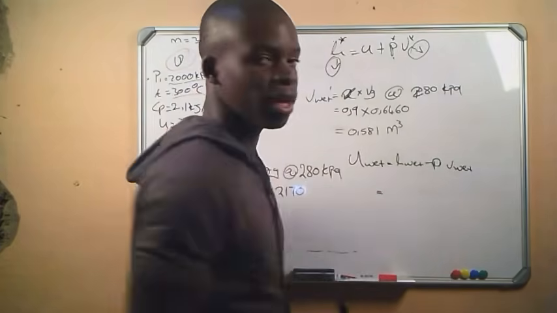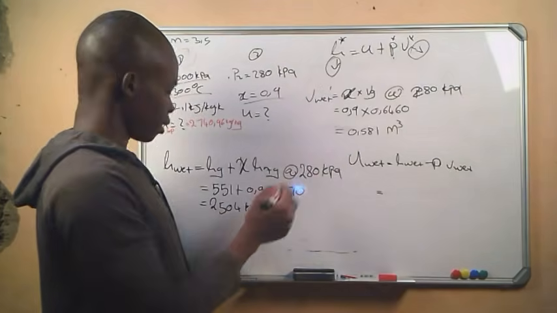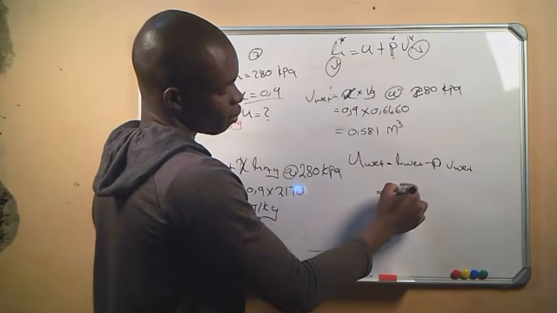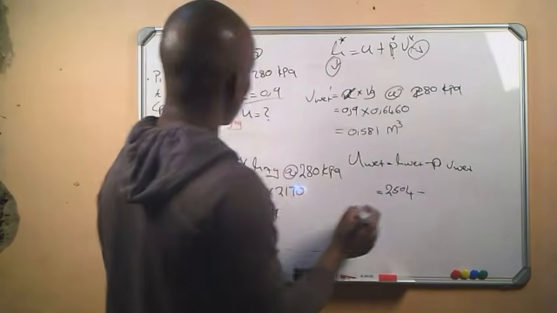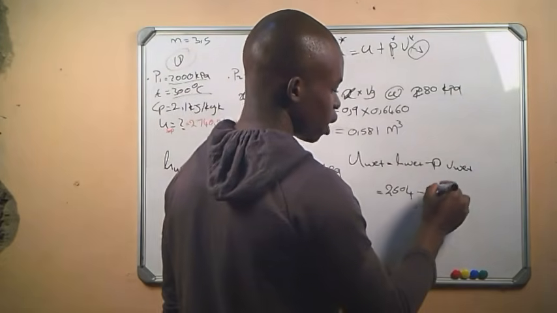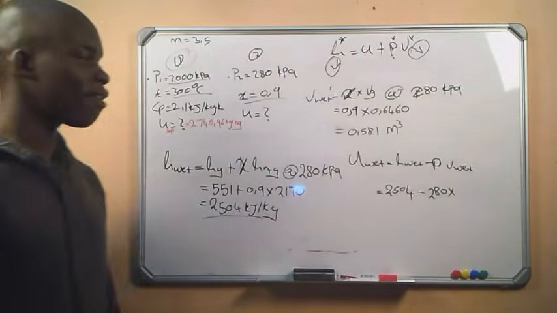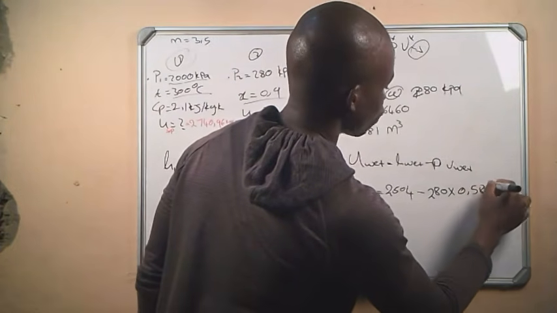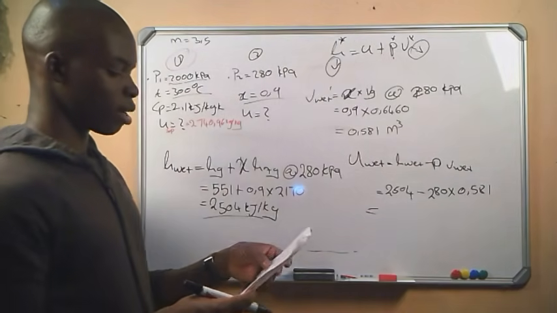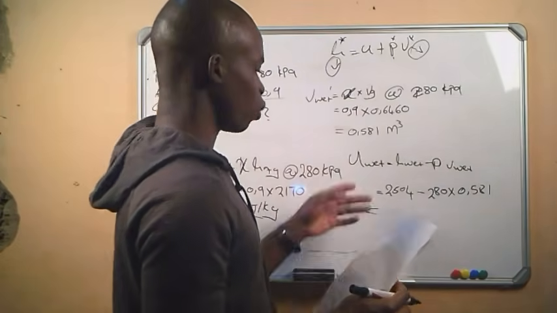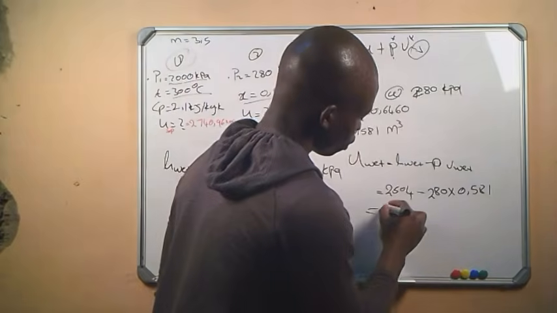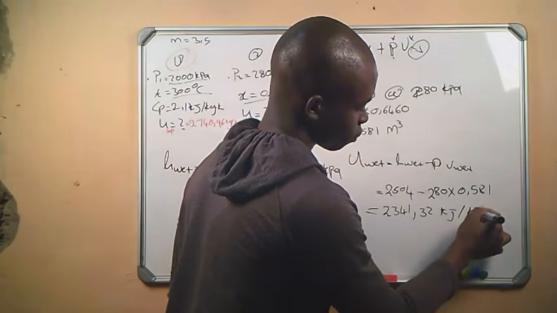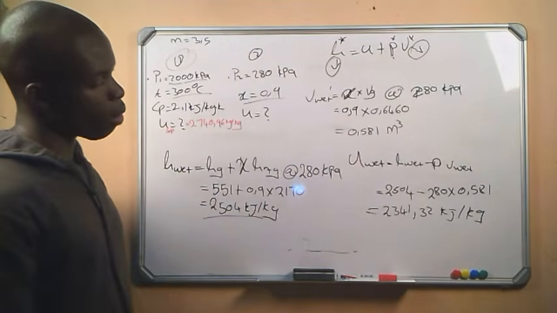And then we put in the values: 2504 minus our P, which is 280 kilopascal, times our V wet, which is 0.581, and then I got our U wet as 2341.32 kilojoules per kg.